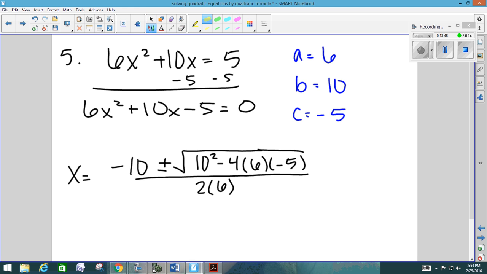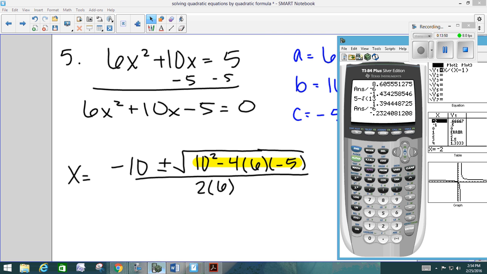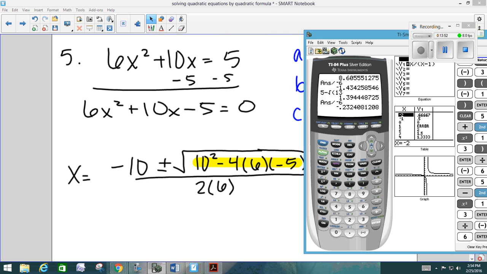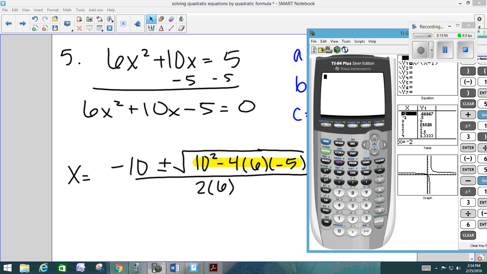And then simplify the discriminant out. I used to make my students do that by hand all the time. Would you want to do that? Got really confusing.